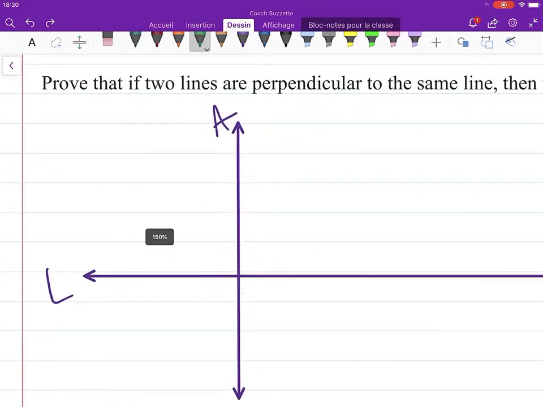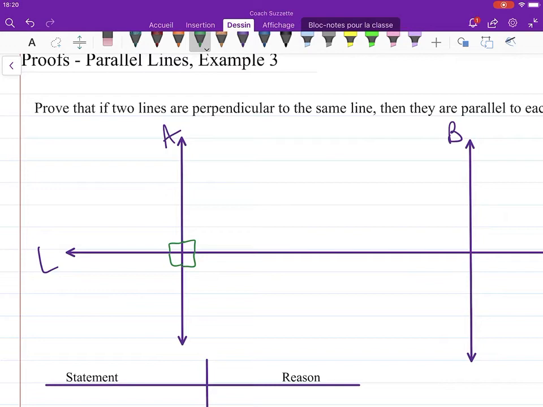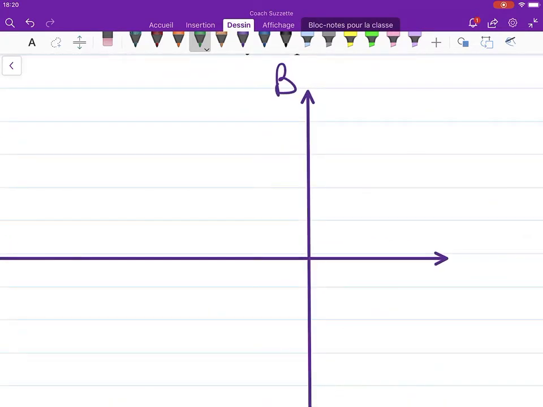If we know that line A is perpendicular to line L, that means right angles are formed here, around this point, let's call it C. Same thing, if we know B is perpendicular to L, then we know right angles are formed here.